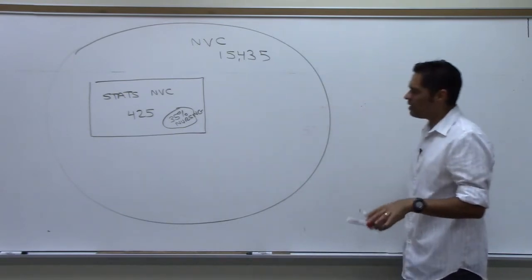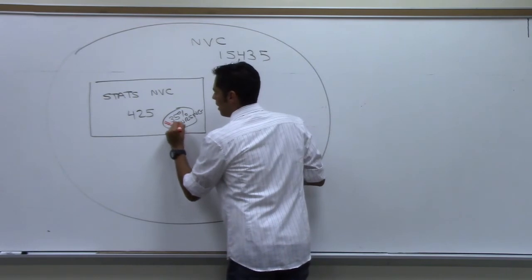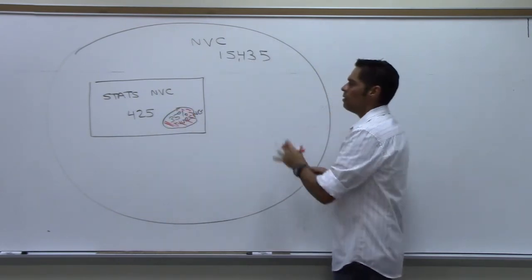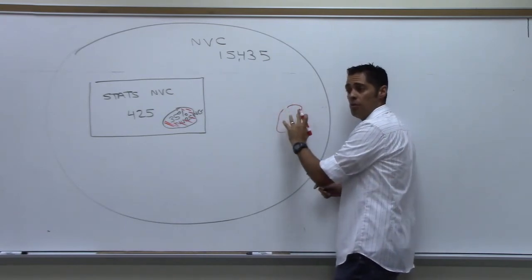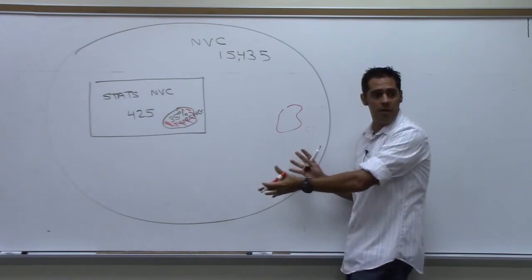Here's the wording, it's very subtle, because this group that I'm shading in here, they plan on going to nursing school, don't they? But there might be some other people over here that want to go to nursing school too. And they're asking you to figure out the percent of the whole.